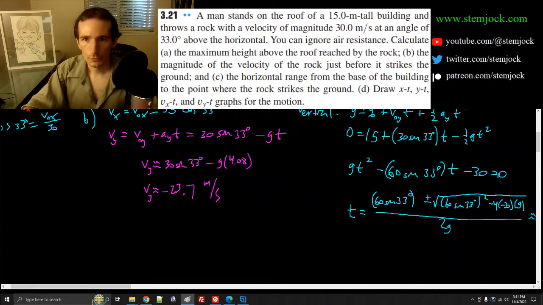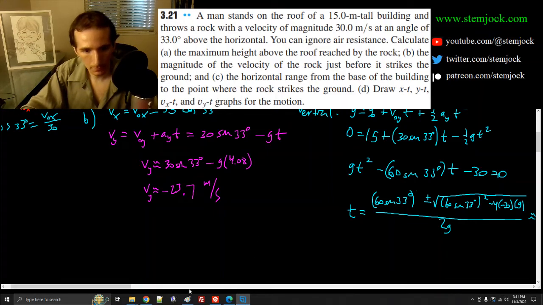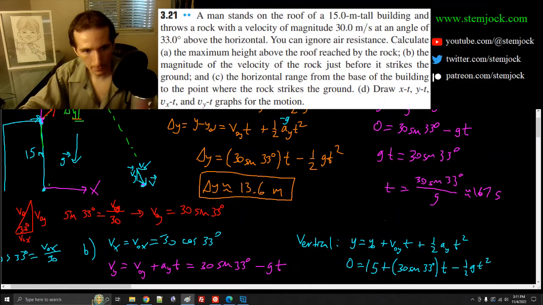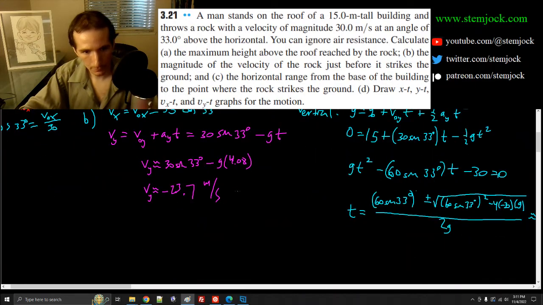Let's see, the question is asking for the magnitude of the velocity, so we don't care about the angle. We just want the magnitude of the final velocity vector, which is v squared equals vx squared plus vy squared.